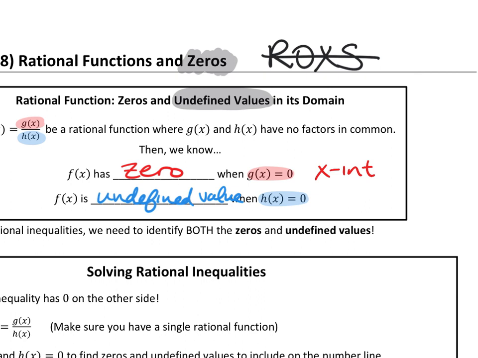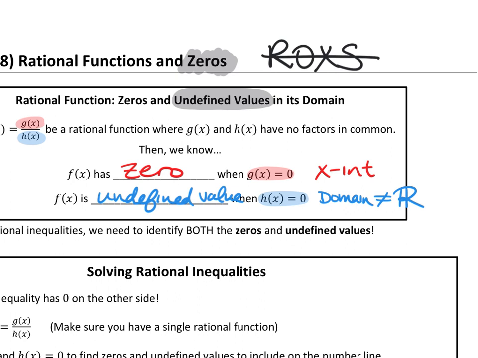And number 2, you're going to have some sort of break in the domain. So the domain of a rational function does not equal all real numbers. This is one of the 3 kinds of functions we will study in this class where the domain is not automatically all real numbers. Remember, domain is the x values, the input values. This one is going to have breaks in the domain because of these undefined values when the denominator is equal to 0.